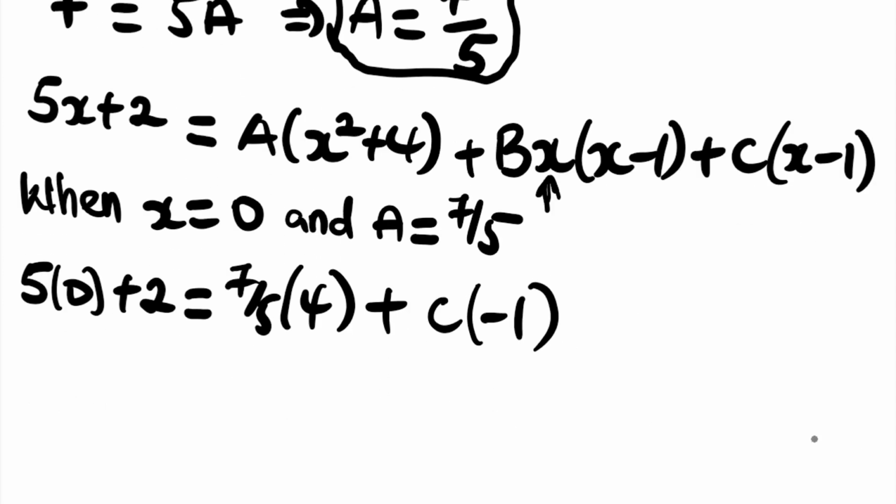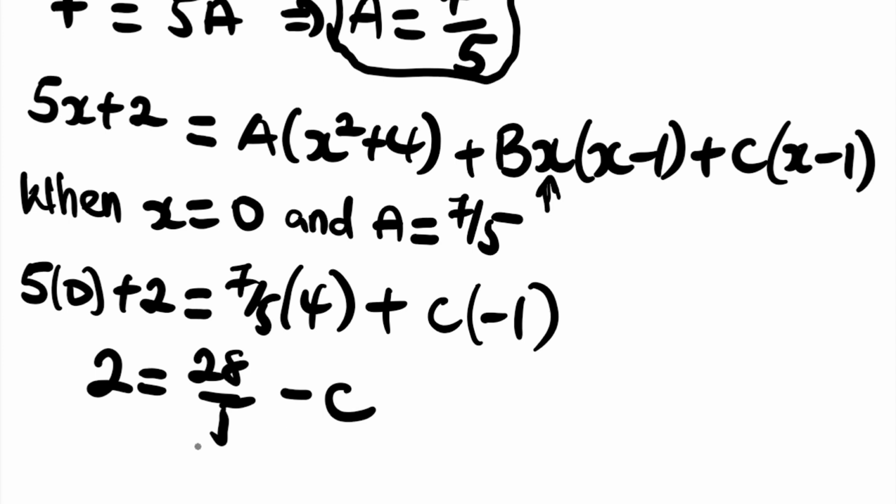So we leave it like that. Now on the left, this one will be 2 equals 28 over 5 minus C. This will mean that C will be equal to 28 over 5 minus 2.